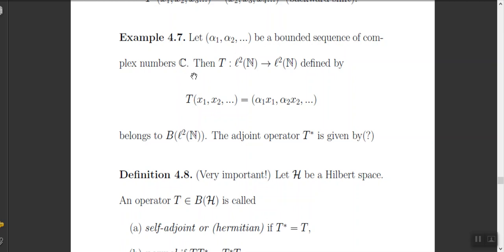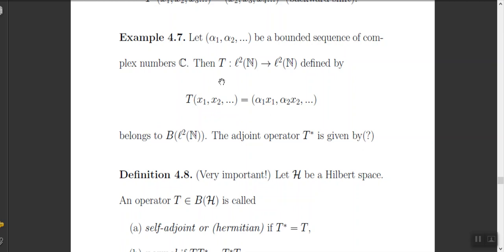Okay, bounded sequence. Now we define an operator on L2 by this. T maps every sequence (x1, x2, ...) to (alpha 1 x1, alpha 2 x2, ...). You can see it is a kind of multiplication operator. Each xi is multiplied by alpha i.